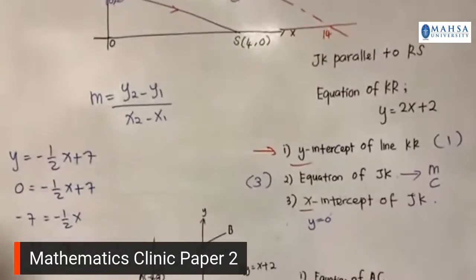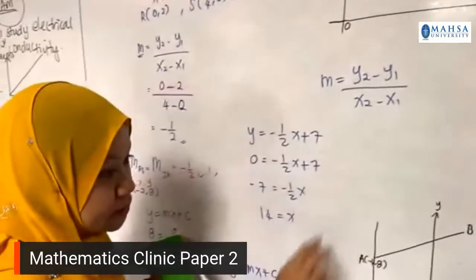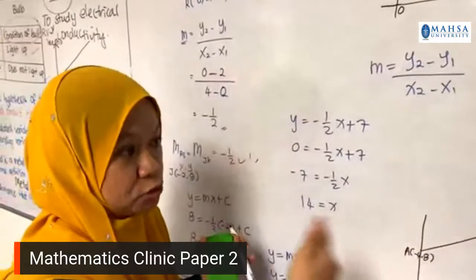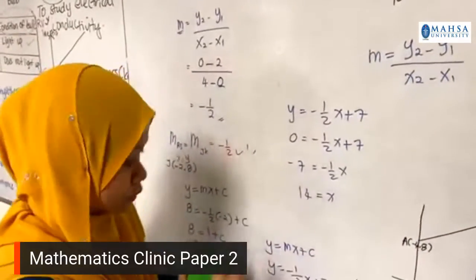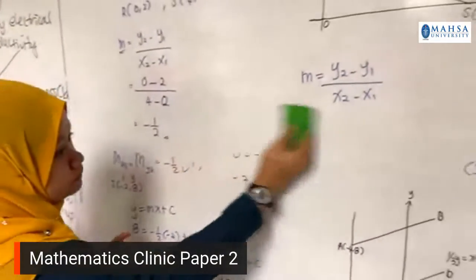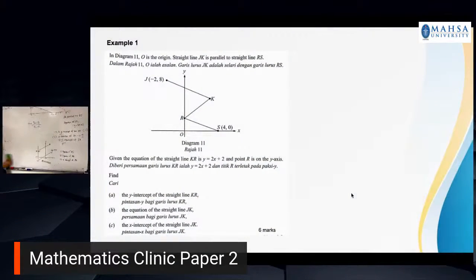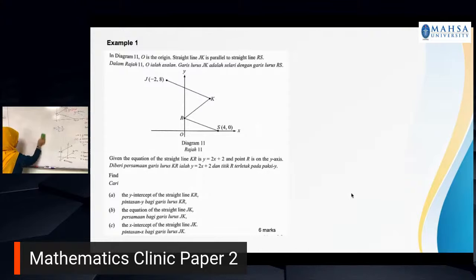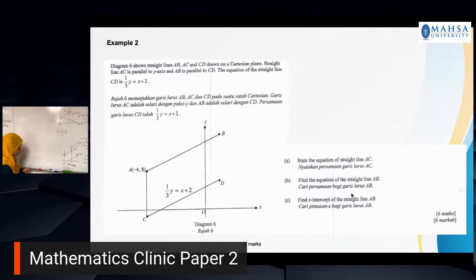If you have, for example, a given point, then you need to find the m. So we look at the second example of a question.